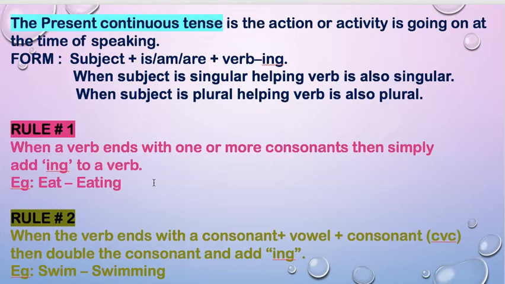S-W-I-M is in the form of CVC. W is a consonant, I is a vowel, and M again is a consonant. So the last alphabet M, we are doubling it and then adding ing to it. So swim becomes swimming.